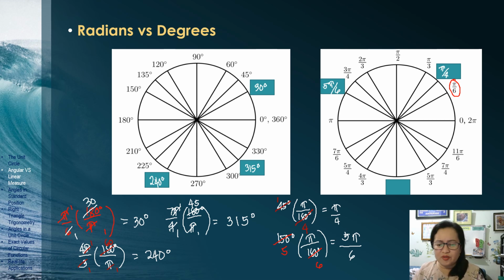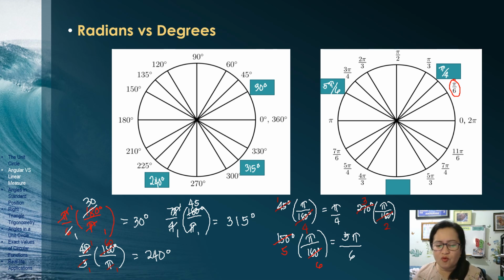What about 270 degrees? So we do the same. 270 times pi over 180. We can cancel using the GCF. 270 divided by 90 would be 3, while 180 divided by 90 would be 2.